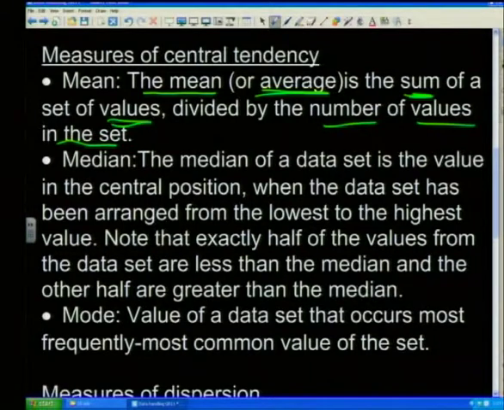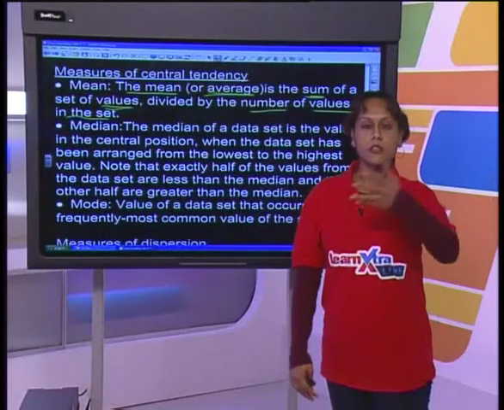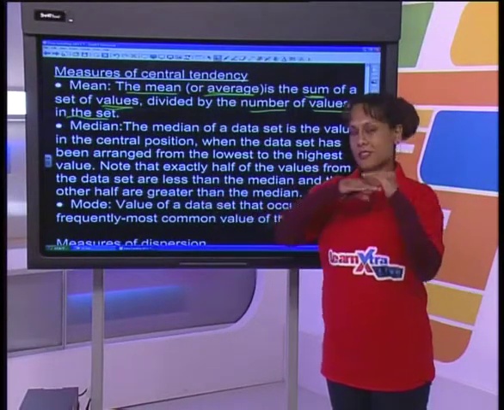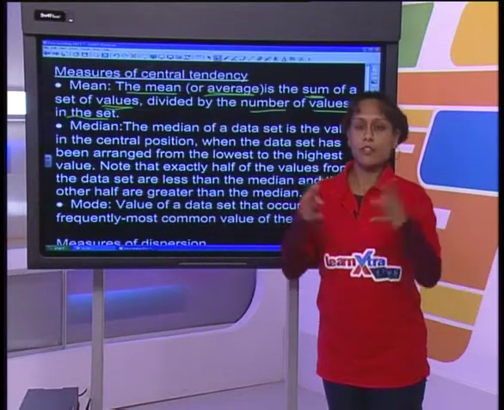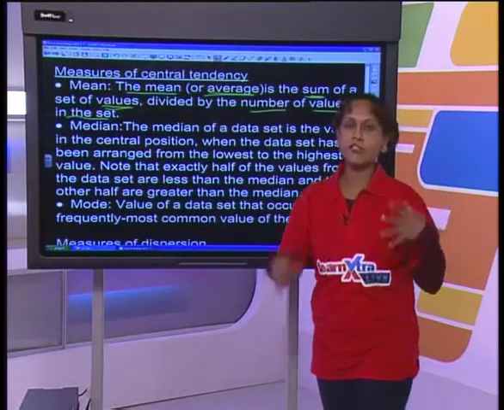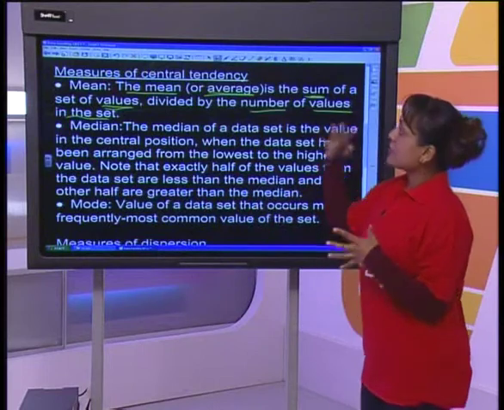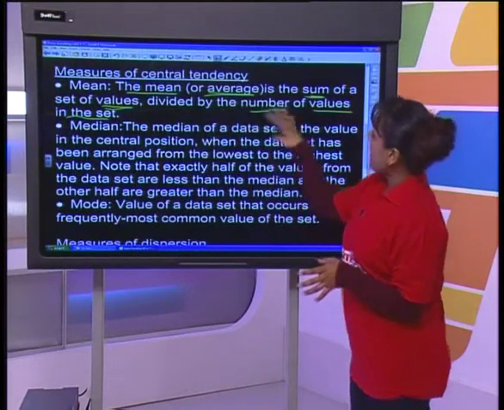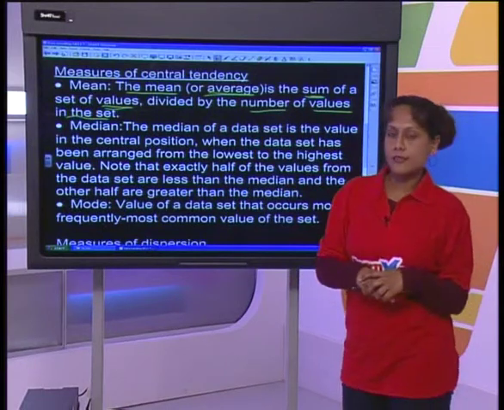A lot of you already apply this in your class life, because if you want to find out the average score you got for your maths, you'd add up all of your maths marks and then divide by the total number of tests. It'll tell you whether you're a C student or an A student or a B student. So the mean or the average is just the sum of all your values divided by the number of values in the set.